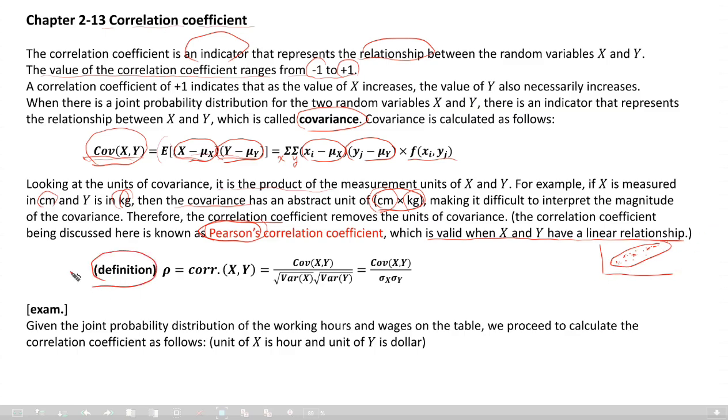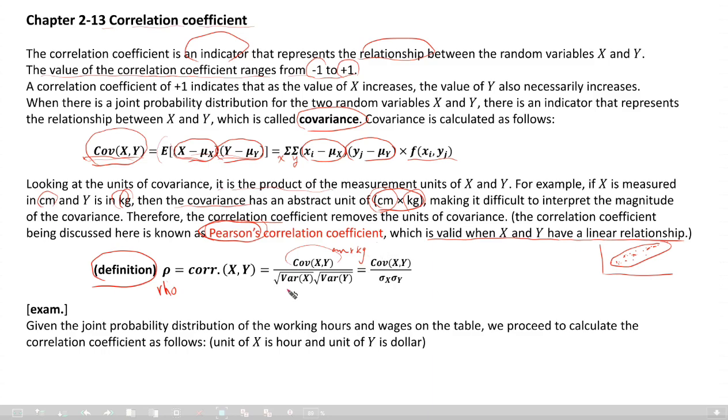The definition of the correlation coefficient is the correlation of X and Y, denoted rho, R-H-O, also a Greek letter. Statisticians use this notation, rho, for the correlation coefficient. It is nothing but the covariance divided by the standard deviation of X and the standard deviation of Y. The covariance has, for example, the unit centimeter times kilogram.